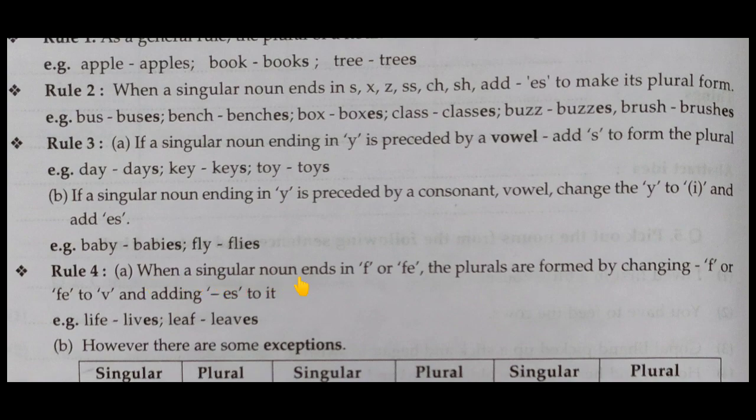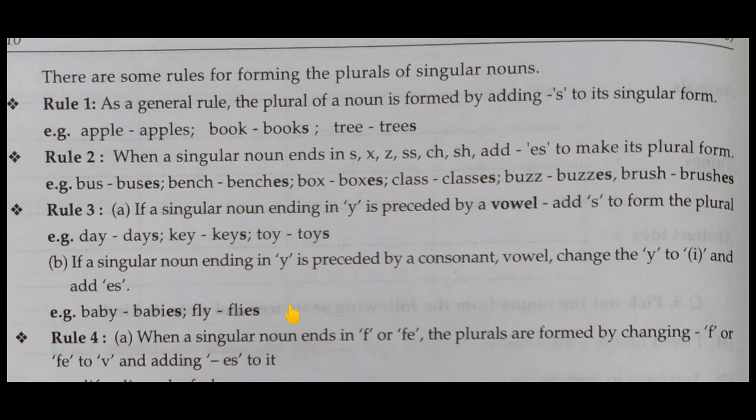When a singular noun ends in f or fe, the plural is formed by changing f or fe to v and adding es to it, okay. So now we have seen a simple noun, okay.